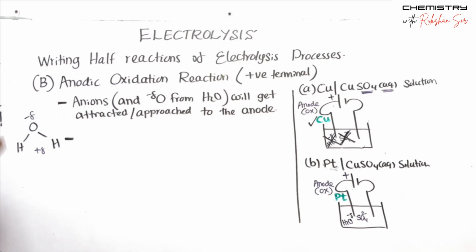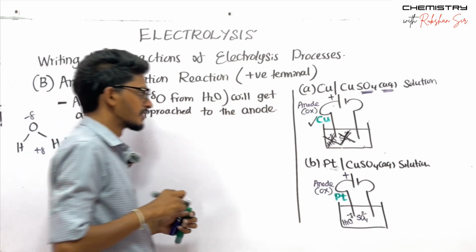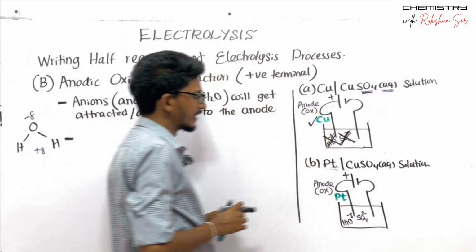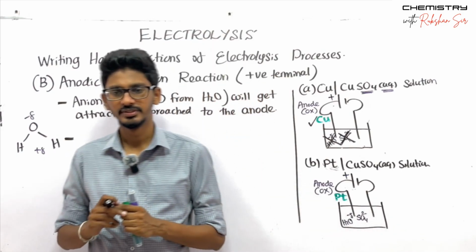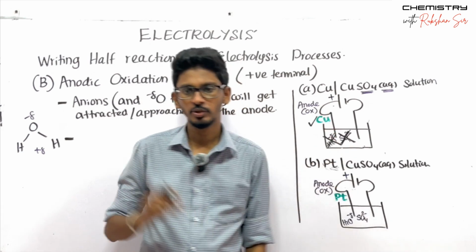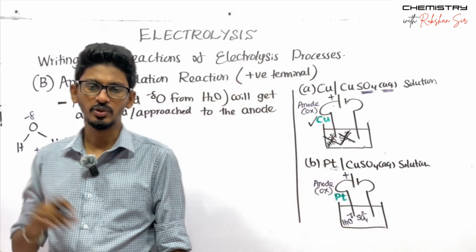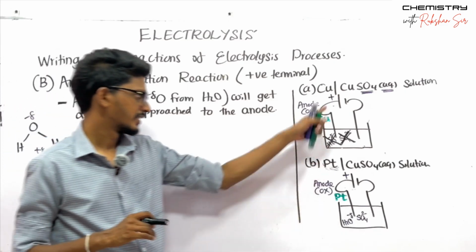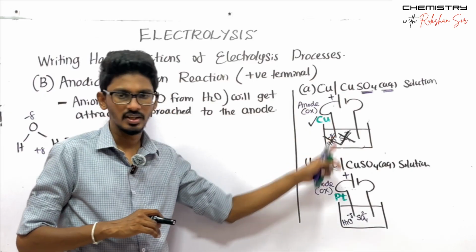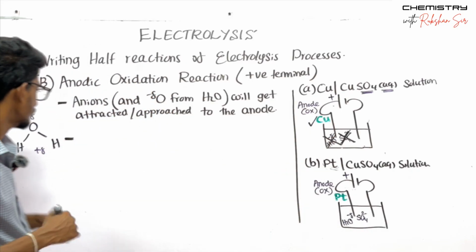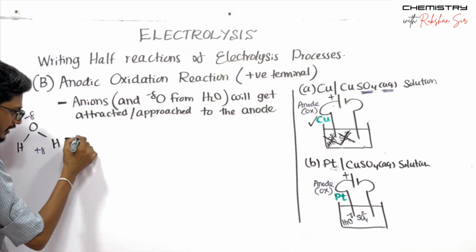So such anodes are referred to as active anodes. If you had used any metal other than platinum or gold as your anode, those are referred to as active anodes. Then that is the one to get oxidized. No need of concerning anything at the solution. Right? So that is the first point.